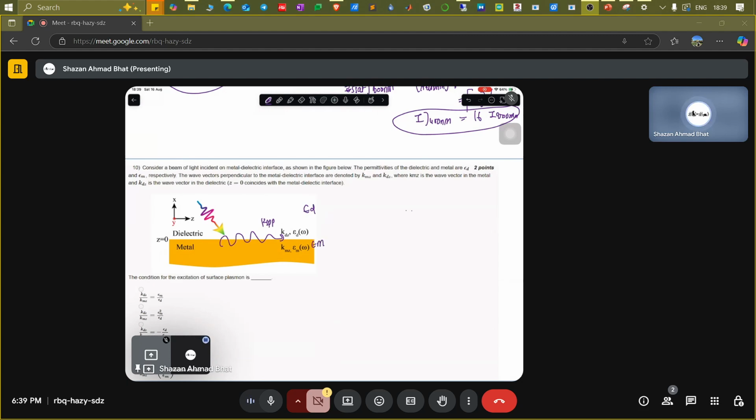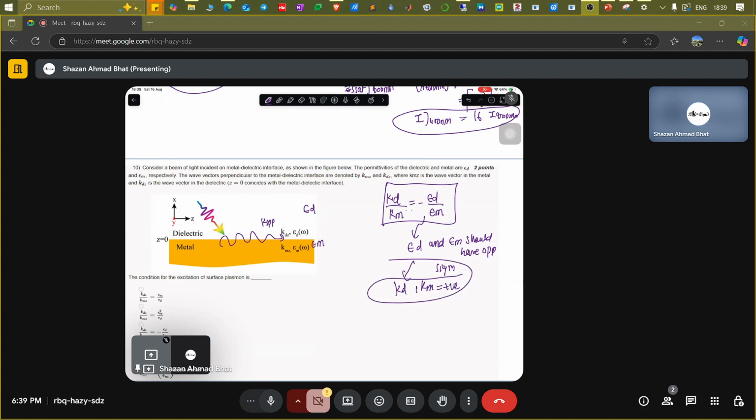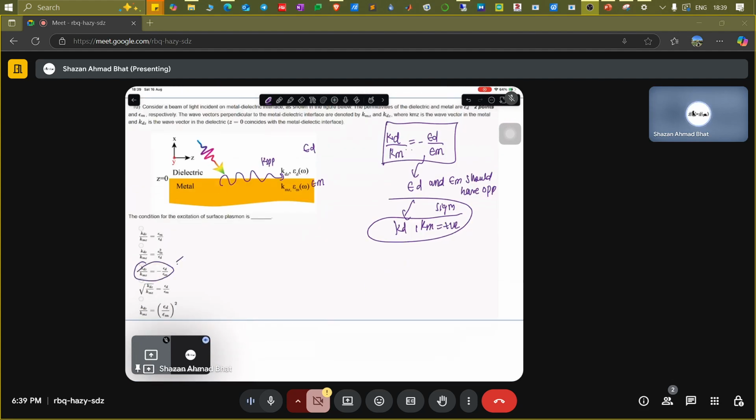We saw that the condition is that K in the dielectric divided by K in the metal should be equivalent to negative epsilon dielectric divided by epsilon metal. That means epsilon dielectric and epsilon metal should have opposite signs so that Kd and Km are positive.